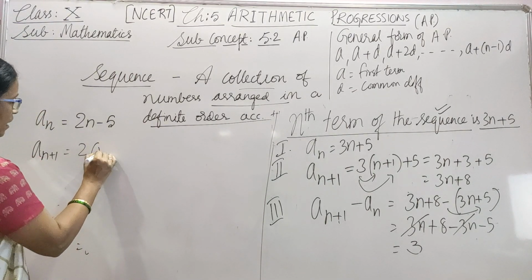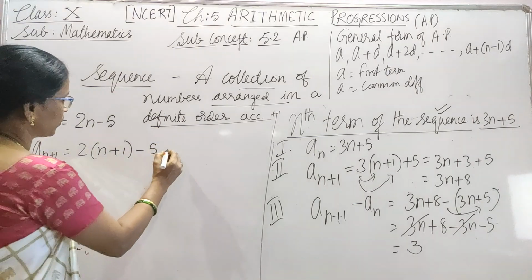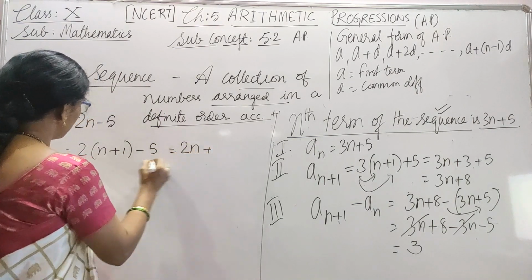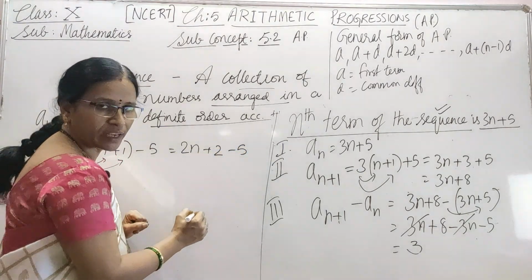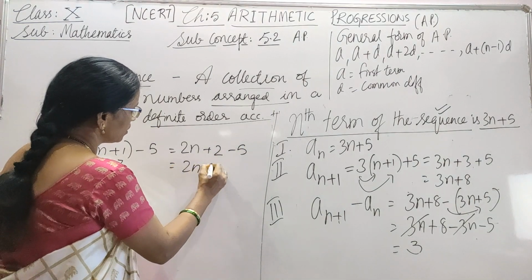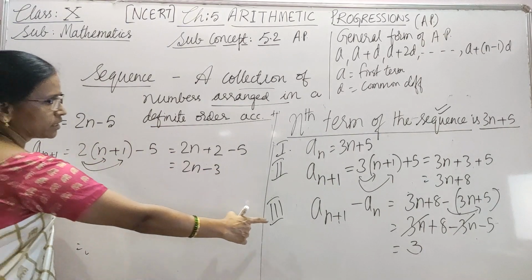Two of n plus 1 minus 5. Replace n by n plus 1. Then this will be 2n plus 2 ones are 2 minus 5. So this is 2n, 2 minus 5 is minus 3. Then what is the third step?